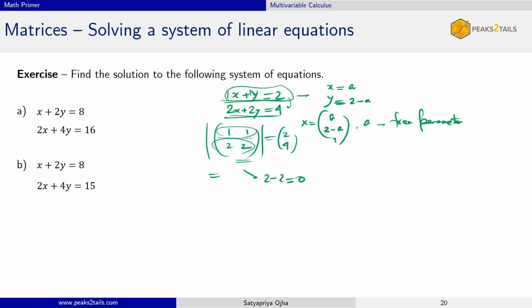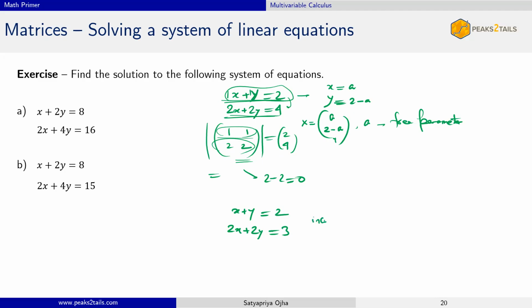Okay. Now, the same equation, I'll do a little bit of modification. x plus y equal to 2, 2x plus 2y equal to 3. What is the outcome of this? Is this system consistent or inconsistent?